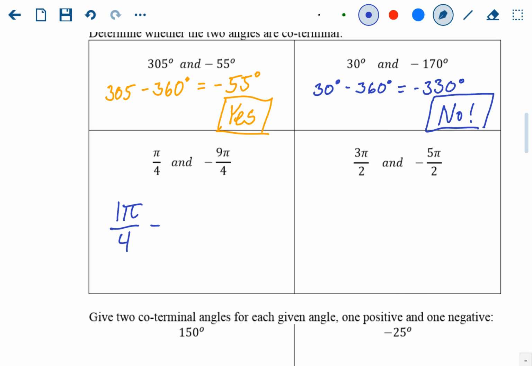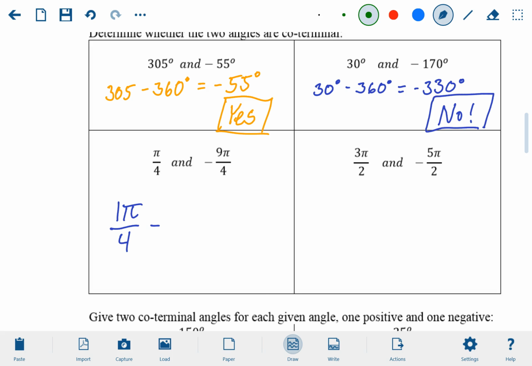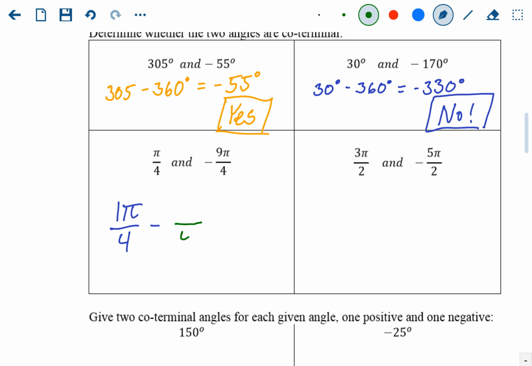But because we're dealing with fractions, we're going to have to do 2 pi with a denominator of 4. So all you have to do is take the denominator you need, which is 4, and double the top number: 8 pi over 4. 8 over 4 is 2, so all we're doing is really subtracting 2 pi, but we have it in a nicer form that we can handle with fractions.